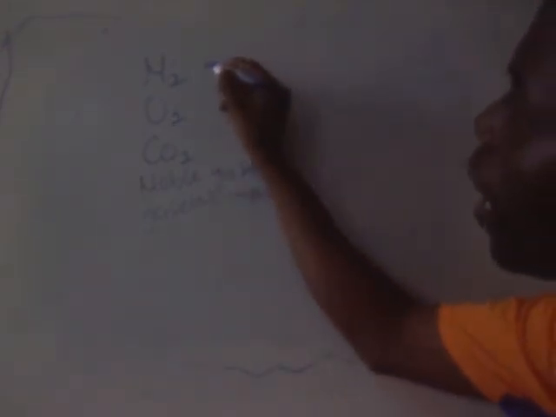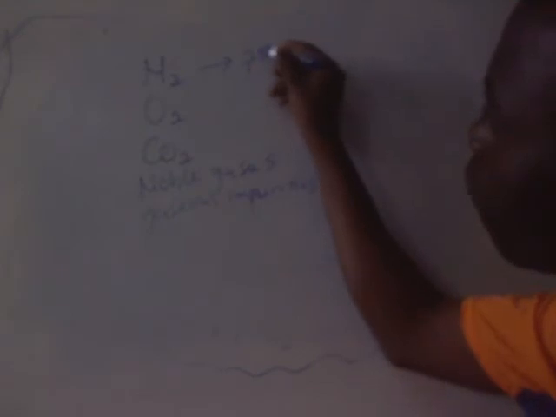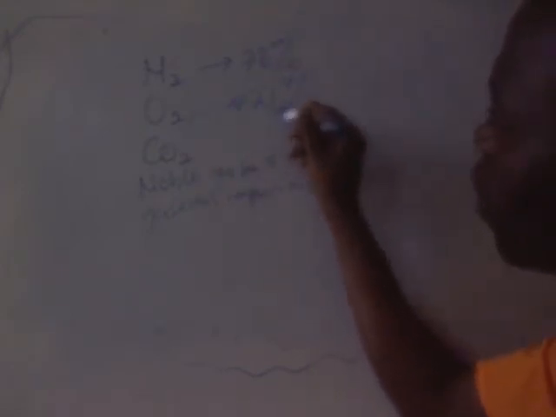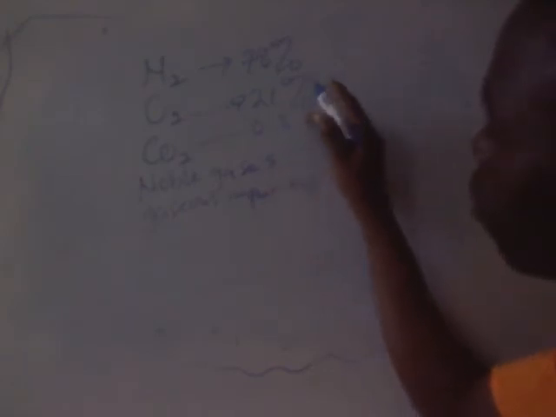These are the constituents of air. The percentage by volume of nitrogen is roughly 78%, of oxygen roughly 21%, and of carbon 4 oxide 0.3%.